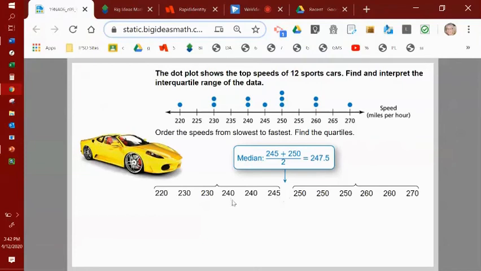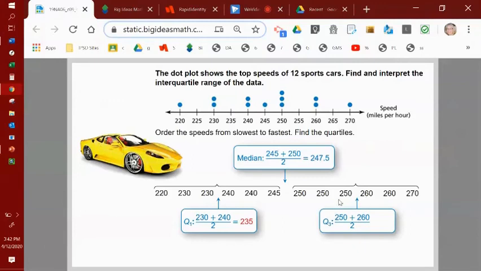Once again, this is 6 data points in the lower half, so you are going to have to find the average of the middle set of the data. 230 plus 240 divided by 2 gives you a quartile 1 of 235. We then repeat the same process for the upper portion of the data, averaging the middle 2 data points, which gives us 255 as Q3.